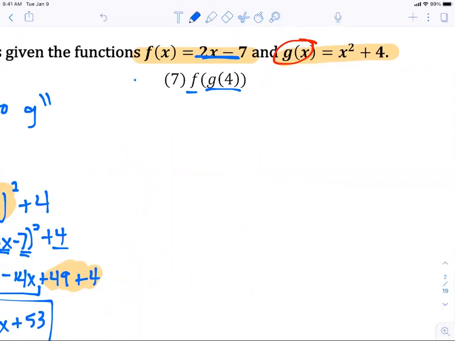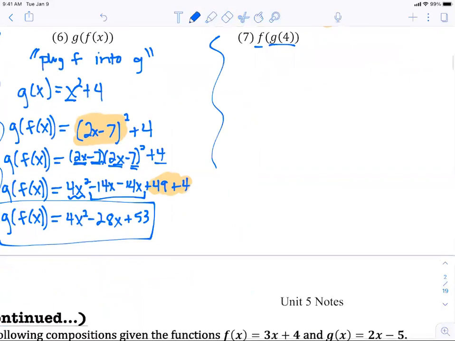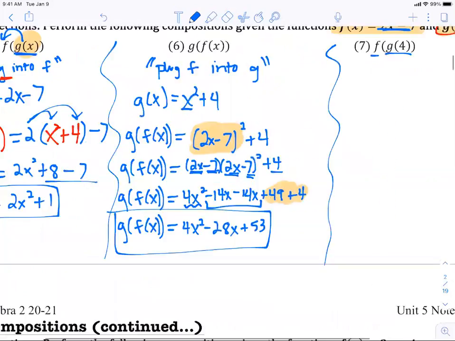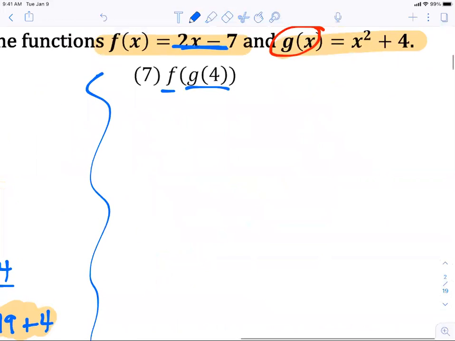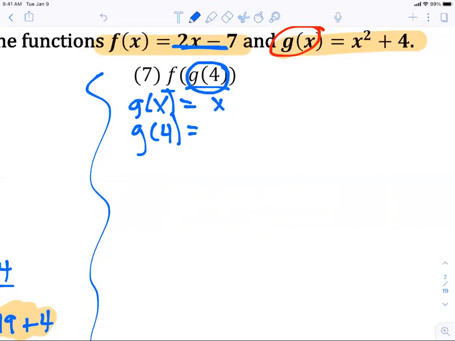But here, it just means we can actually find out what the actual number is rather than taking the whole function in. If you have a number, it becomes a little bit easier. Here, I can actually find g of 4 because my g of x function is x squared plus 4. So here I can actually evaluate it. Let's plug in 4 in for x.